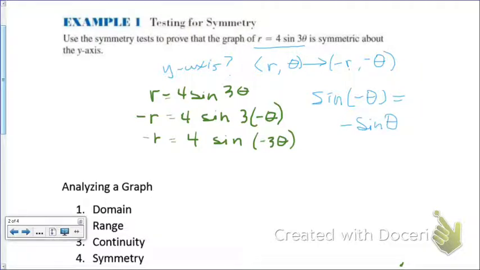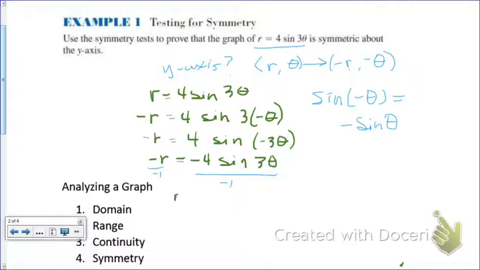So that was one of our odd even function identities. So we're going to apply that to this equation. Instead of having negative 3 theta, that negative is going to come out in front of the 4. Negative r equals negative 4 sine of 3 theta. And then, since they're negative on both sides, I'm going to divide by negative 1.